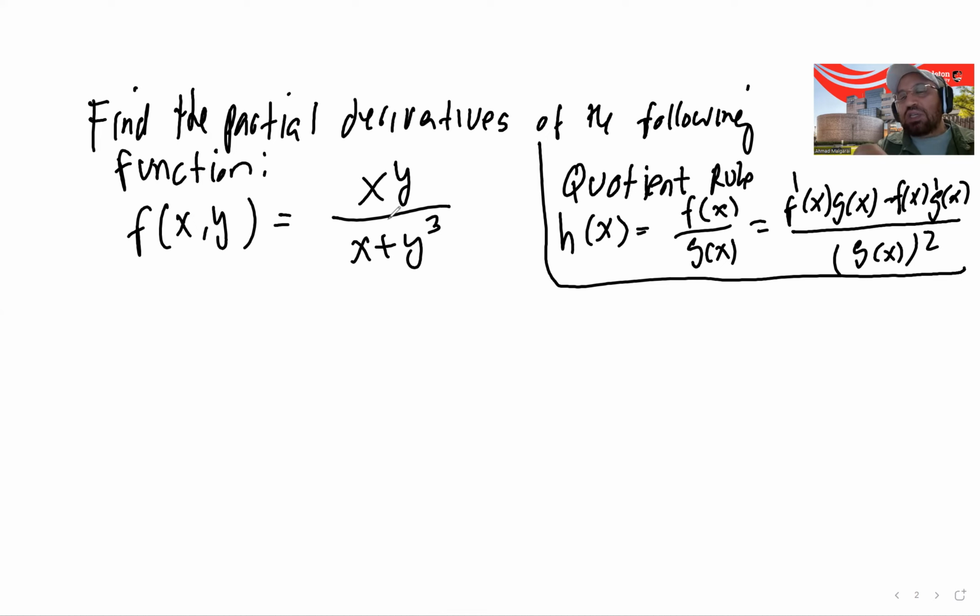So always when you take the derivative of a multivariable function, it means that you're taking the partial derivative, holding the second one constant, and then you're taking the derivative of the second one, holding the first one constant.